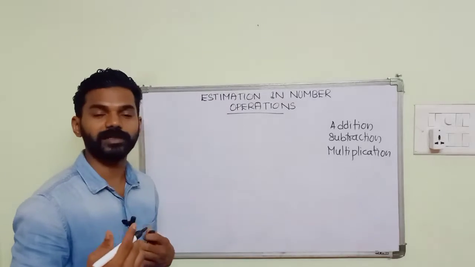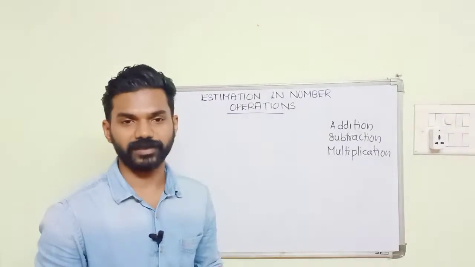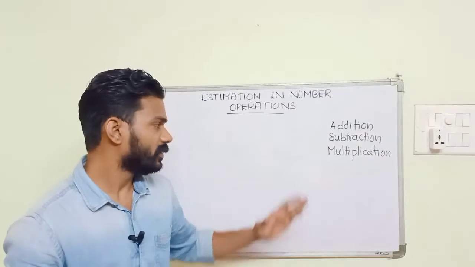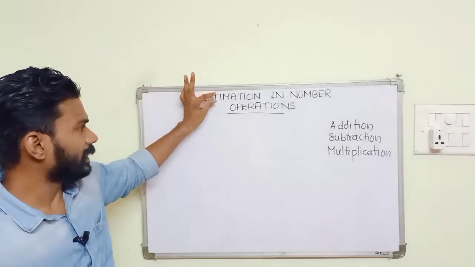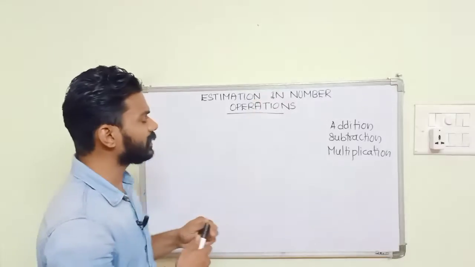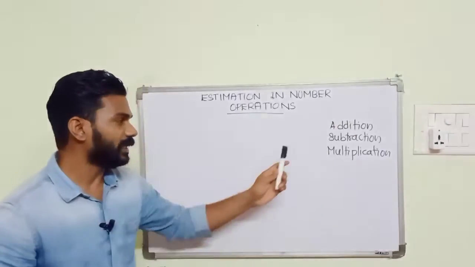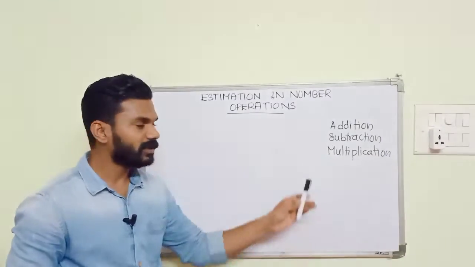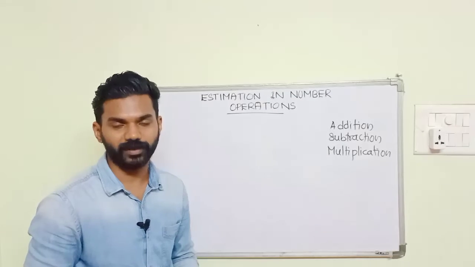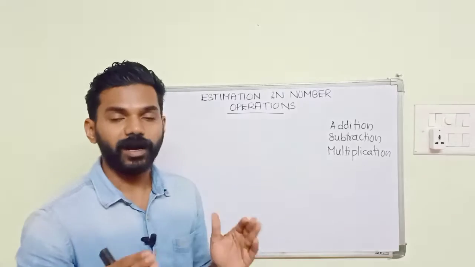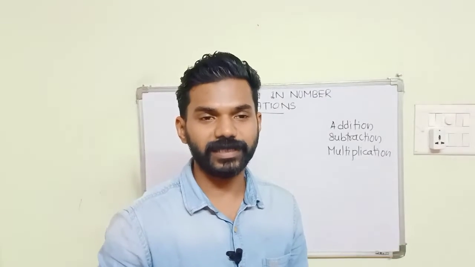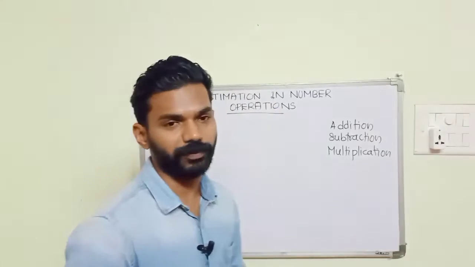These are the different number operations, out of which today we will be discussing estimation in operations like addition, estimation in subtraction, and estimation in multiplication. How we can do estimation in these three operations is going to be our topic today.